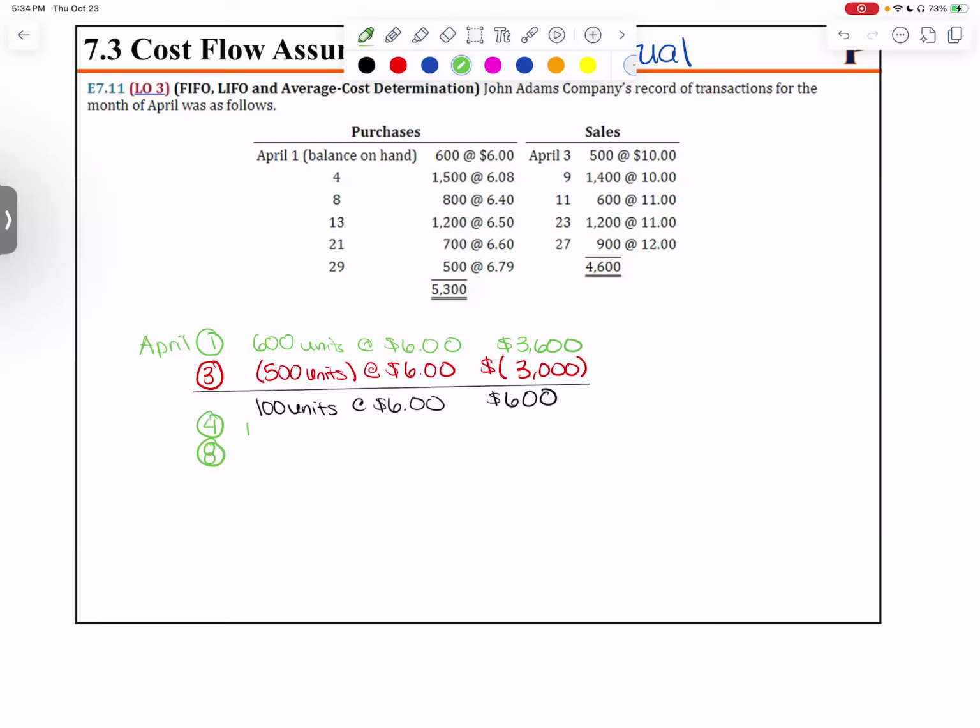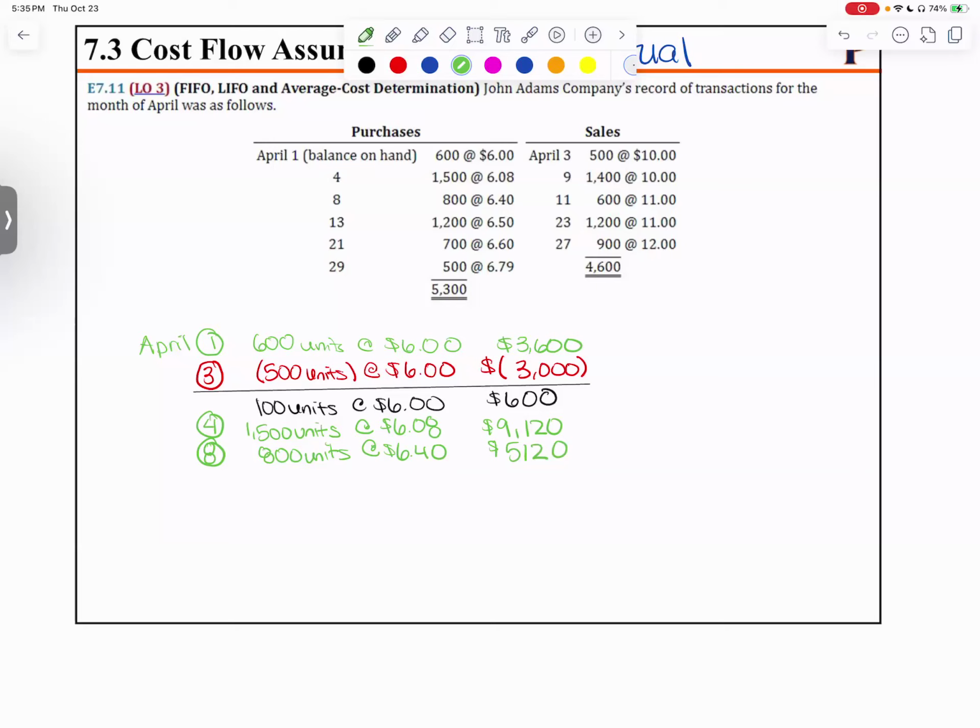On the 4th, we purchased 1,500 units. On the 8th, we purchased 800 units. The units on the 4th were purchased at $6.08, and the units on the 8th were purchased at $6.40 for total costs of $9,120 and $5,120.